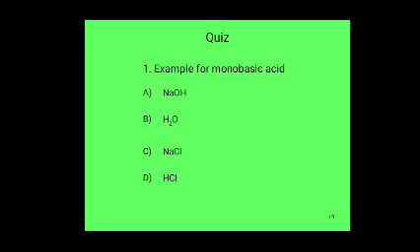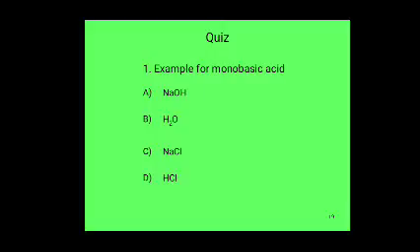NaOH dissociates in aqueous solution into Na+ and OH- ions. It does not produce H+ ions. H2O ionizes into H+ and OH- ions; it is an amphoteric compound, with both acidic and basic nature.